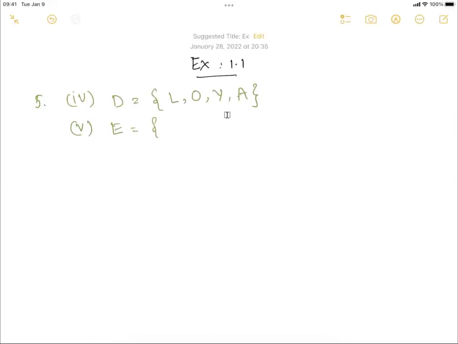Now, number 5: E is the set of all x such that x is a month of a year not having 31 days. So we have 12 months, and we only care about the months that do not have 31 days. January has 31 days, so February.